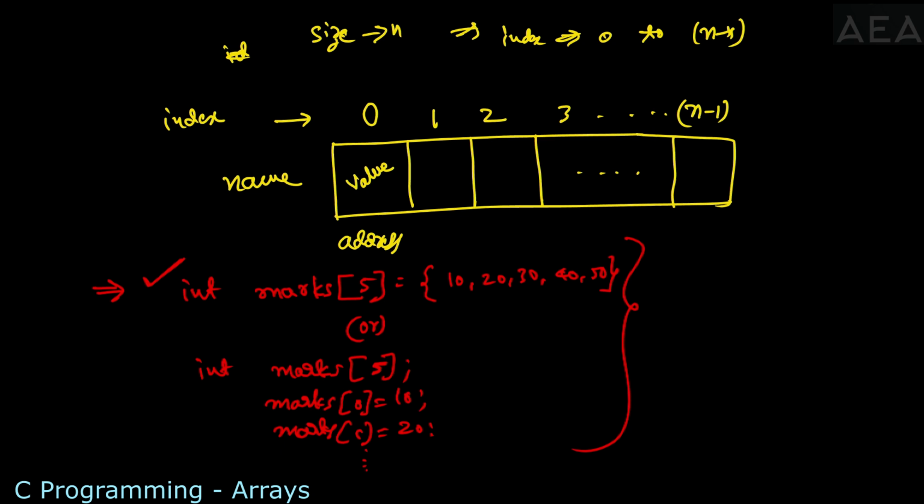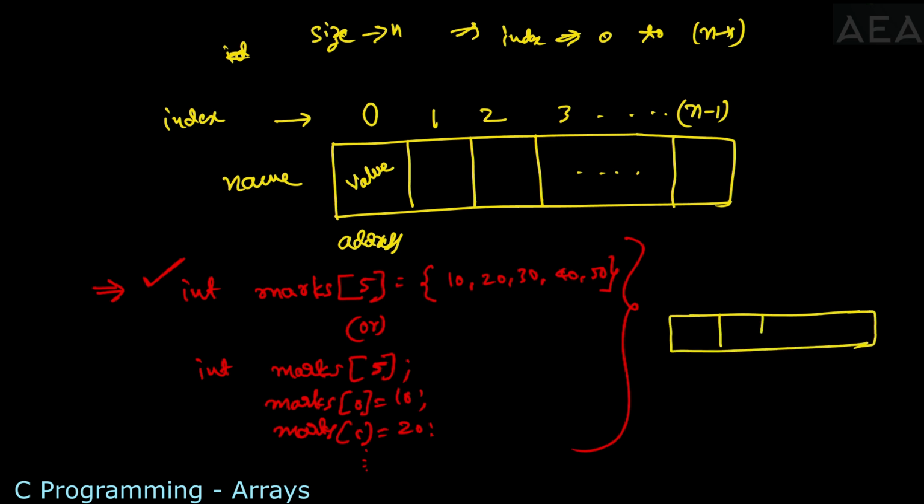And one more case is using the scanf function: we can initialize the array from the user, or from the keyboard also. Whenever this line is given in the C program, it assigns one array like this within the memory.